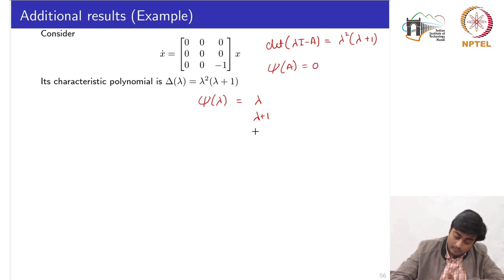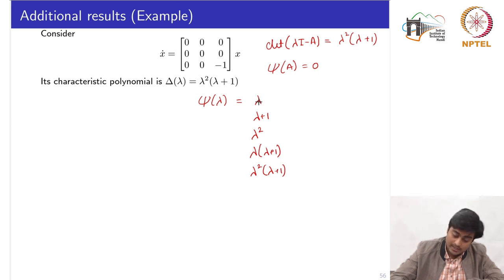Now there could be a polynomial of degree 2, which could be lambda square or lambda plus 1, and also it could be equal to the characteristic polynomial lambda square, lambda plus 1, which is of degree 3. Now if we check with all these polynomials whether psi of A is equal to 0 is satisfied, then it would be the minimal polynomial.